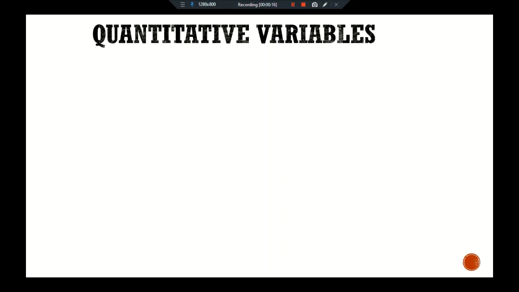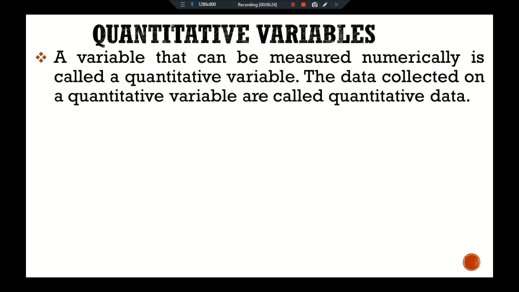The first is an example of a quantitative variable, and the second that of a qualitative variable. A variable that can be measured numerically is called a quantitative variable. The data collected on a quantitative variable are called quantitative data.